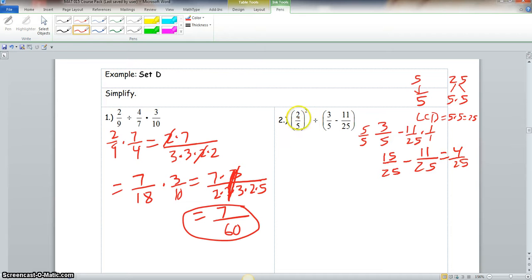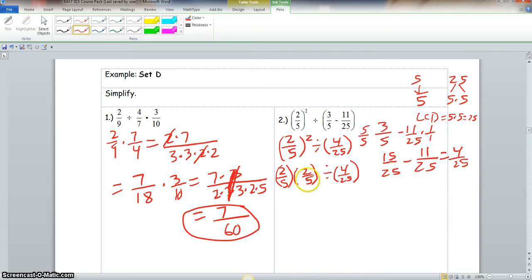Okay, so now we have this 2/5 in parentheses squared, divided by, in parentheses, 4 over 25. Now 2/5 in parentheses squared, we know that would be our next operation. So this is really 2/5 times 2/5 divided by 4 over 25.